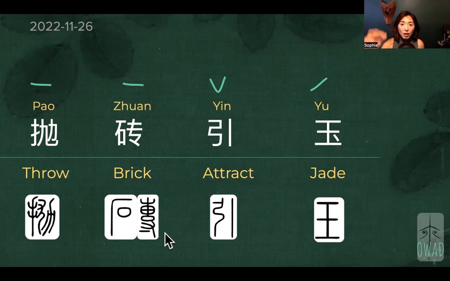The sound maker came from this three-finger hand symbol over here, and then this horizontal line pointing toward the wrist is actually one inch below the wrist. That means this is a pulse-measuring spot, and that's the inch symbol for the Chinese inch.